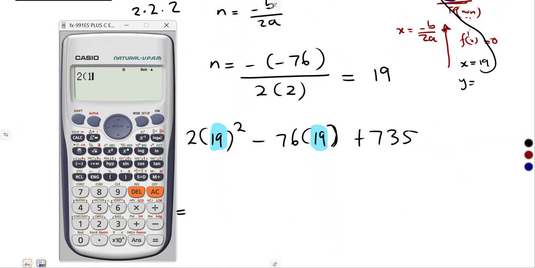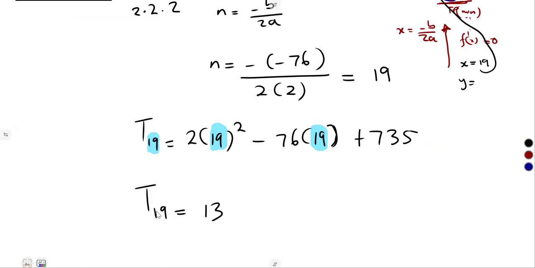So that's 2 into 19 squared minus 76 into 19, plus 735. That was going to give us 13. So T19 is the lowest. I mean, T19 is equal to 13. That's our lowest value that we can ever have from that sequence, or from that quadratic pattern that we are given.